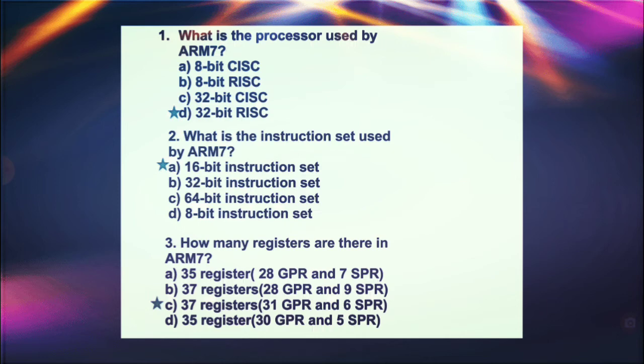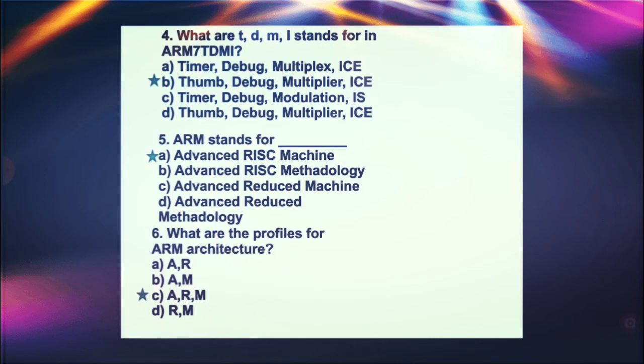How many registers are there in ARM 7? Choices are 35 registers, 37 registers. The correct answer is 37 registers: 31 general purpose registers plus 6 SPR. Then the fourth question: what does TDMI stand for in ARM 7 TDMI?